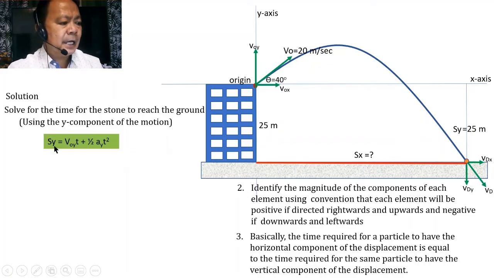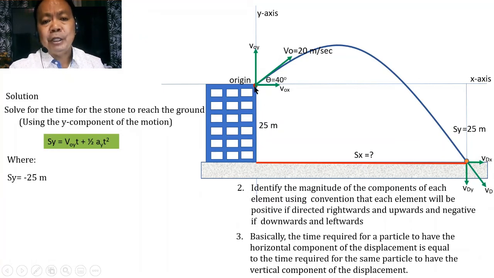So kinakailangan dito ay maintindihan natin, ma-define natin yung mga values. So sabi ko nga kanina, itong ating s sub y will be negative kasi yung kanyang final position will be below the original position, and therefore this distance must be treated as negative. That is for the convention na binabanggit natin dito.